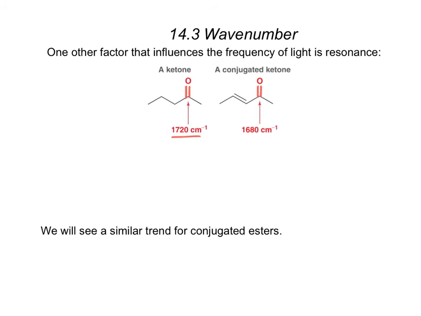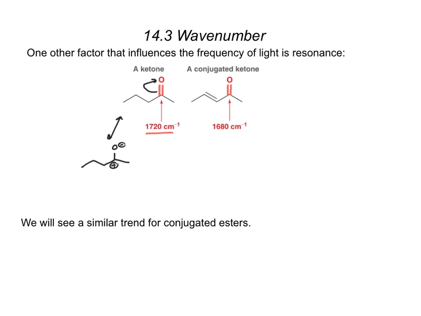So for the first one, can we draw any resonance structures for this? There's one, right? So there's one where we have a difference in electronegativity here. So that oxygen is going to take all of the electrons. We're going to be left with a partial positive on the carbon, partial negative on the oxygen, okay? What about the one on the right? Can we draw any resonance structures for that?